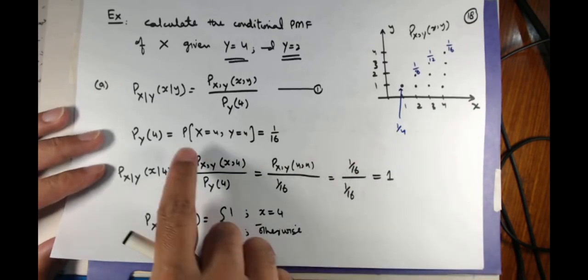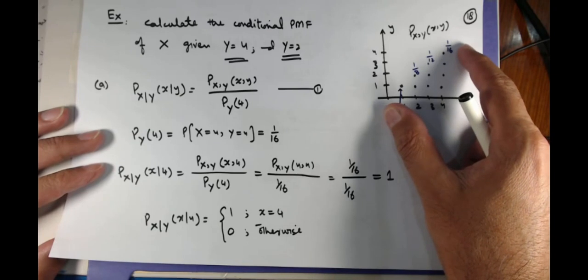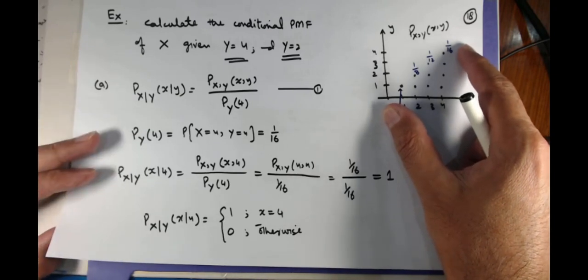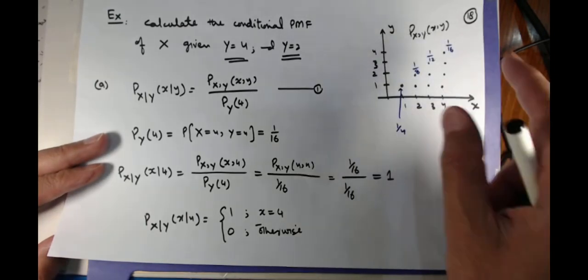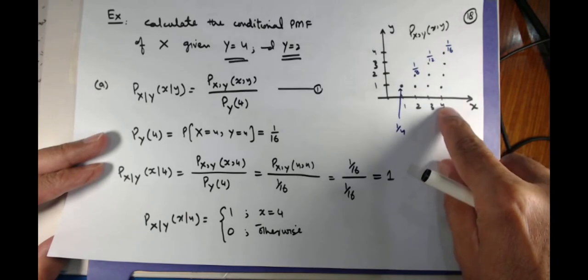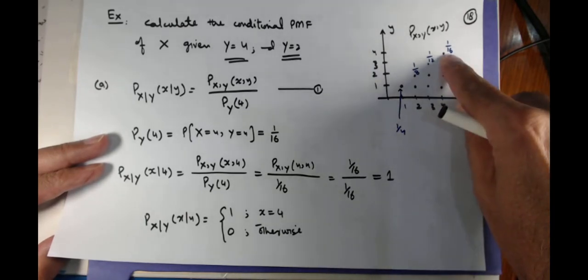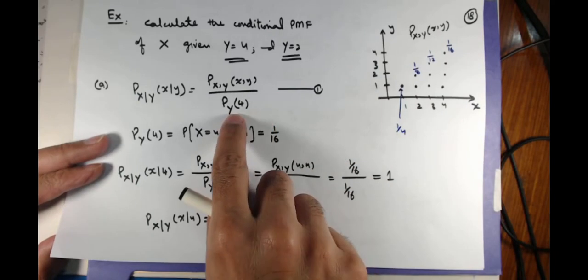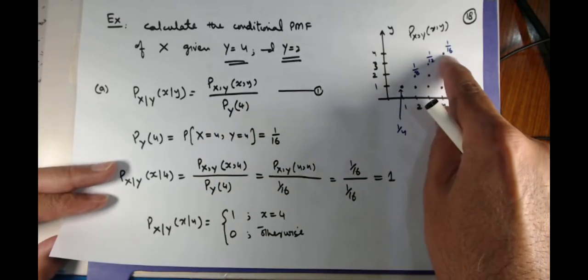So P sub y at 4 is all the points in this giant distribution where y is equal to 4 intersected with any other possible values of x. You see, y is equal to 4 intersects only with x is equal to 4. So only this point is the one where we can safely say that P sub y at 4 is 1 by 16.